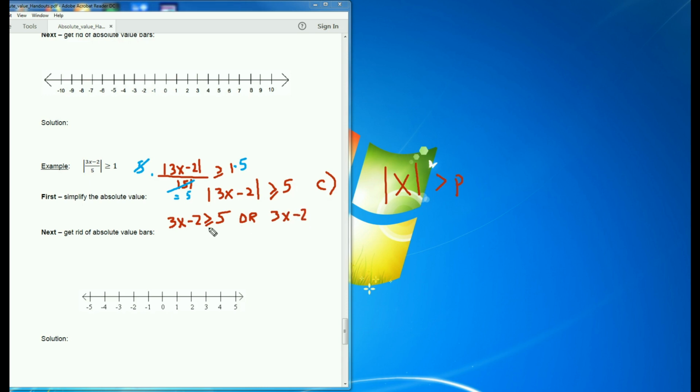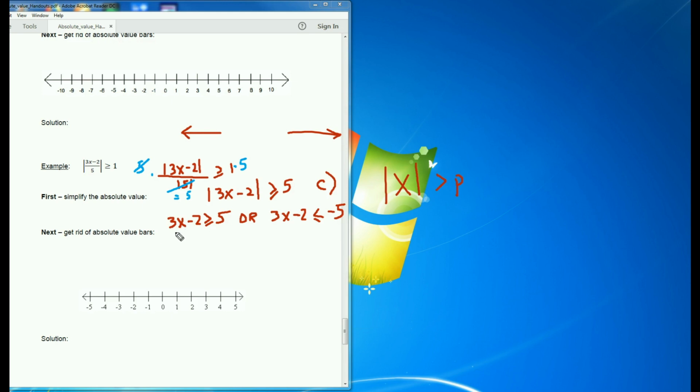In this case, I have to flop both the symbol and the number, because for this to be greater than something, I'm going in this direction, or this has to be less than or equal to something. That's the technique to get rid of the absolute value bars.